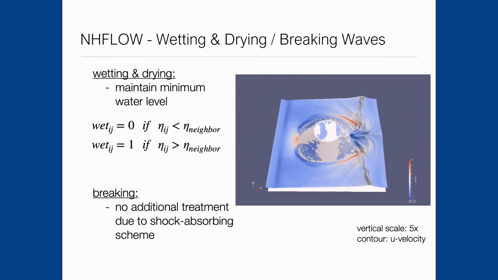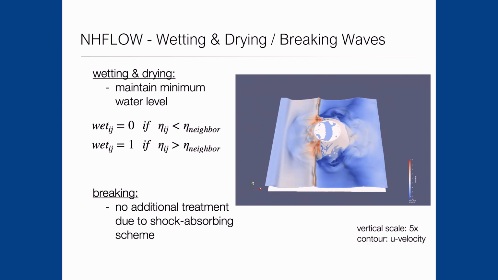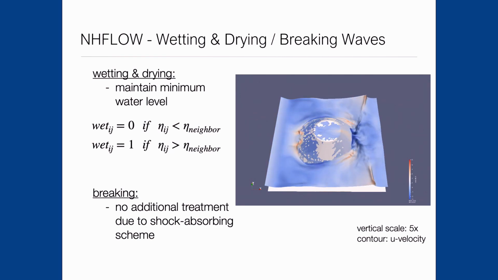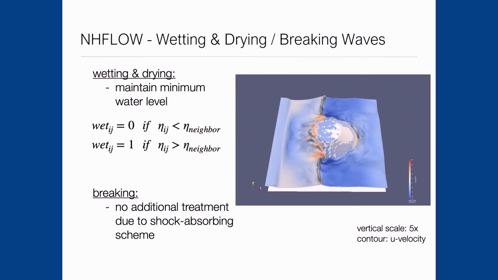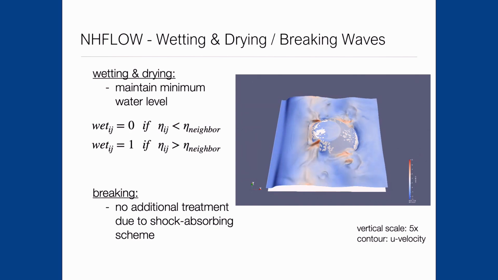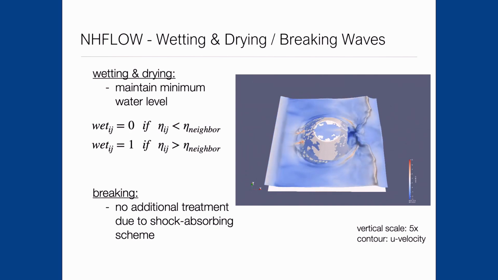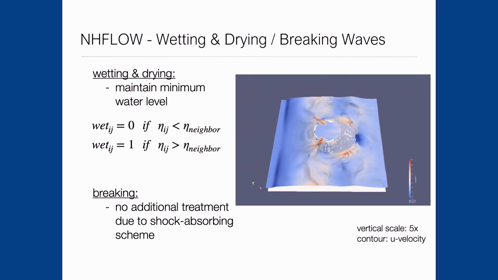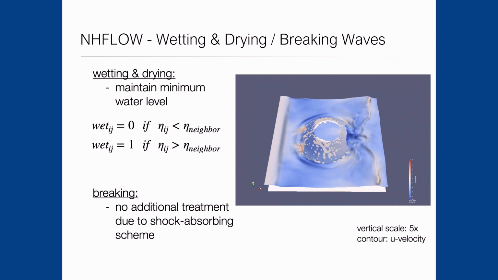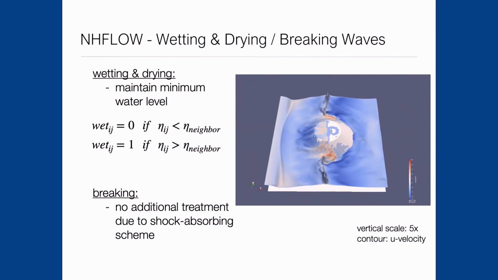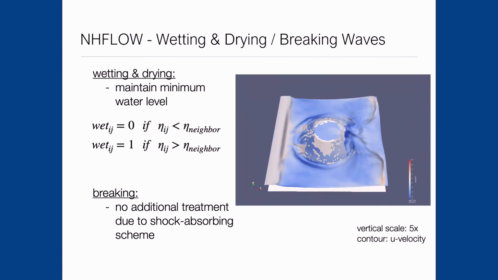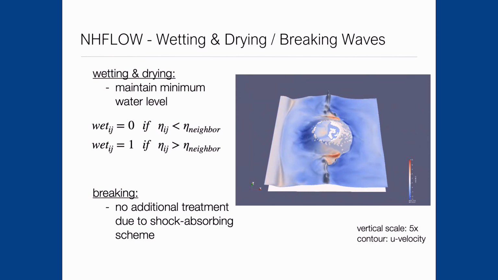There's a reflective wall, but you can see the kind of dynamics this model can handle without any filter or stabilization. I think it's quite interesting if you compare this to different approaches. So you can calculate the run up, run down, and for the breaking, there's no additional treatment added to this. So when the waves get very steep, this Riemann solver with the shock absorbing capabilities keeps the solution stable.